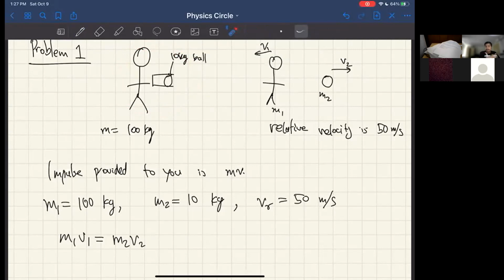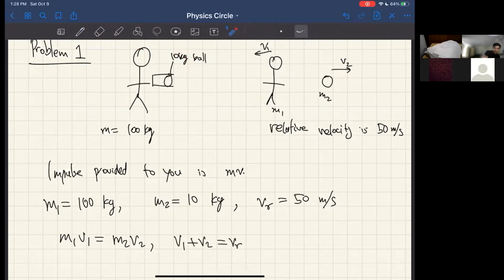So dp/dt is zero, which means the momentum is conserved. So m1v1 equals m2v2. And we also know that v1 plus v2 is vr. The reason is v1 plus v2 is that I set it up where v1 is backwards and v2 is forwards. So the relative velocity is v1 plus v2, if you think about it.